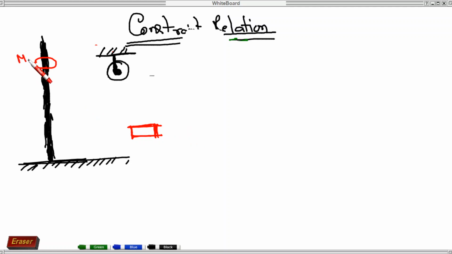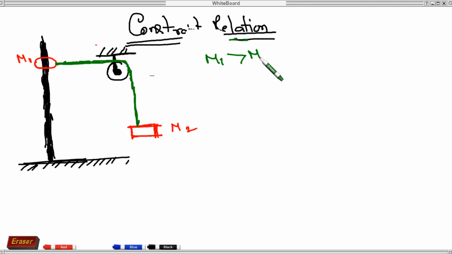Suppose this one is m1 and this one is m2, and they are connected to each other by the help of a string. The thing is that m1 is greater than m2.